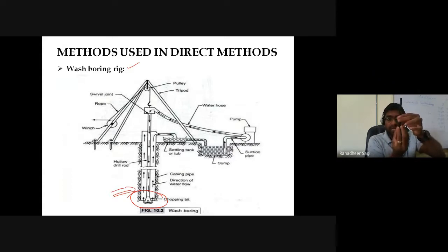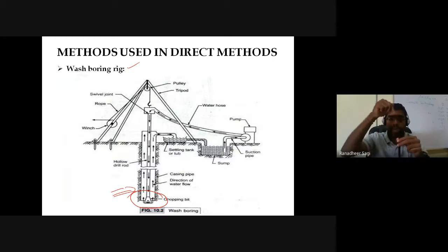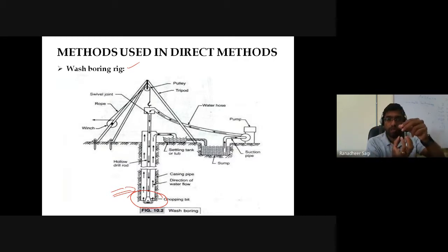At the bottom of that connecting rod you have a chopping bit, and this connecting rod is a kind of hollow tube. Through this hollow tube, a water jet is pumped with the required pressure. So water passes through this connecting rod and comes out of the chopping bit.